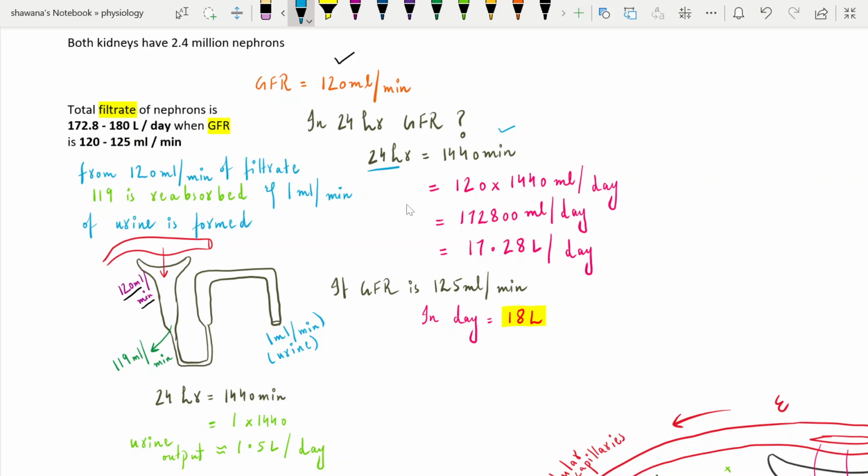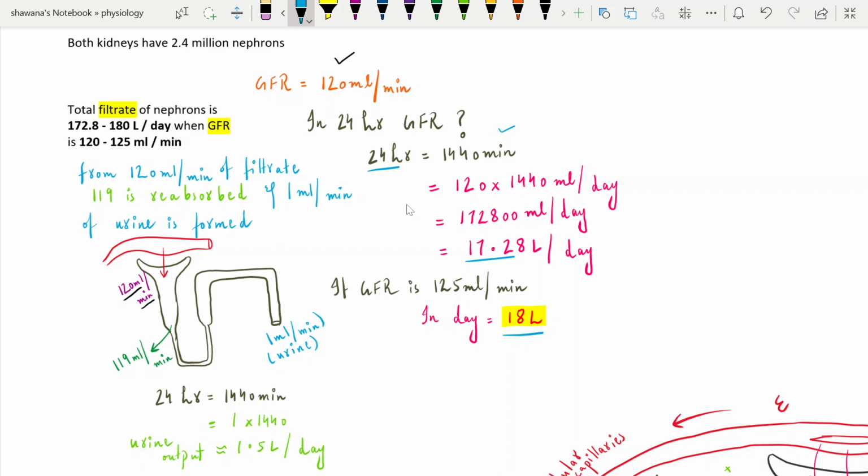If we multiply this number by 120, we'll get the estimated amount of filtrate produced during the day. It's approximately 17 to 18 liters per day of filtrate.